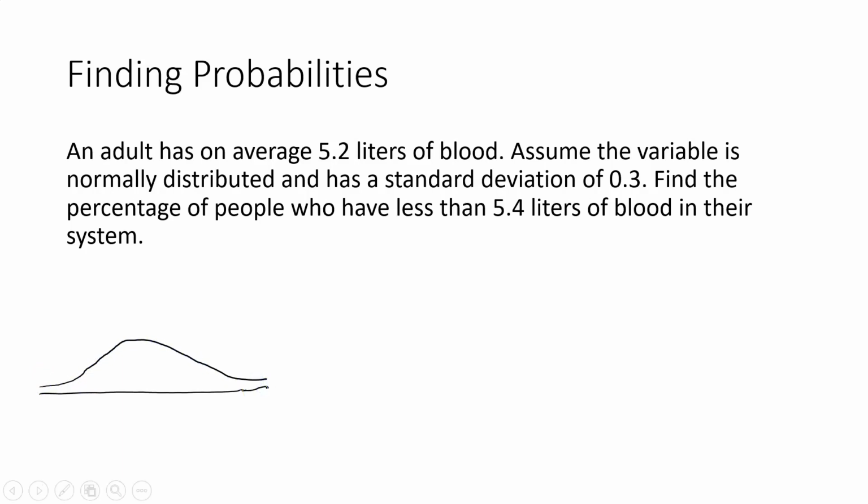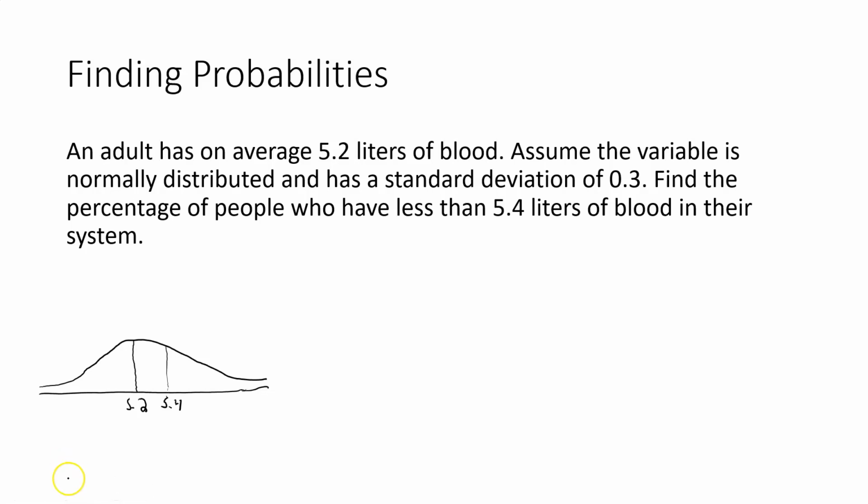Doesn't have to be pretty in any way, shape, or form. Right here in the middle is my mean. Now, I want to know what percentage of people will have less than 5.4.